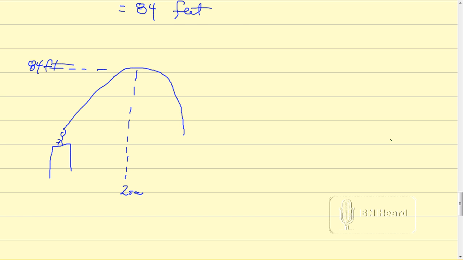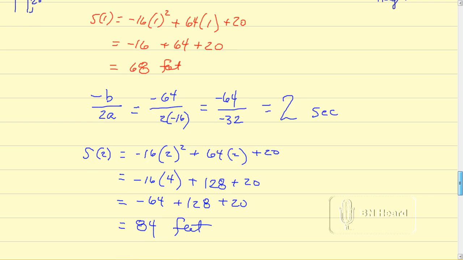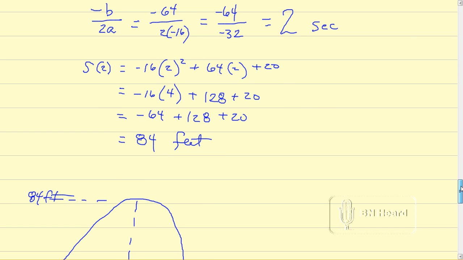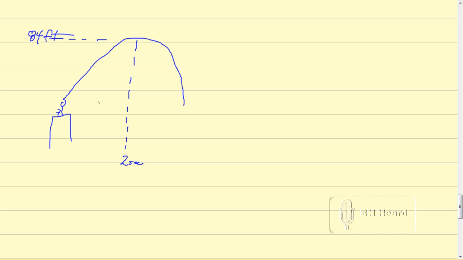We also looked at 1 second, where it was 68 feet. But our peak, the vertex, was at time 2 seconds and a height of 84 feet.